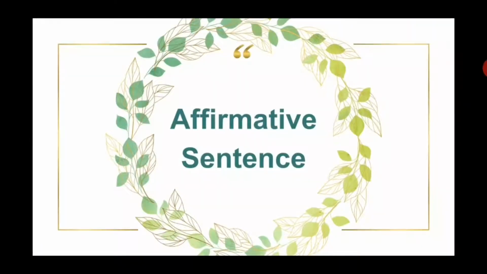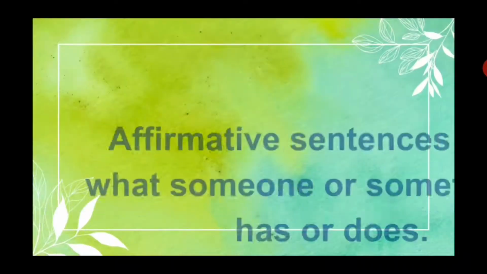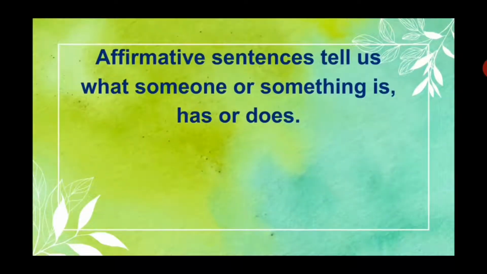So let's go for what is an affirmative sentence. Affirmative sentences are those sentences that tell us what someone or something is, has, or does. Already what something or someone is, we have seen the example. Now, like I have something, that time we express it with an affirmative sentence. We do something, that's also.